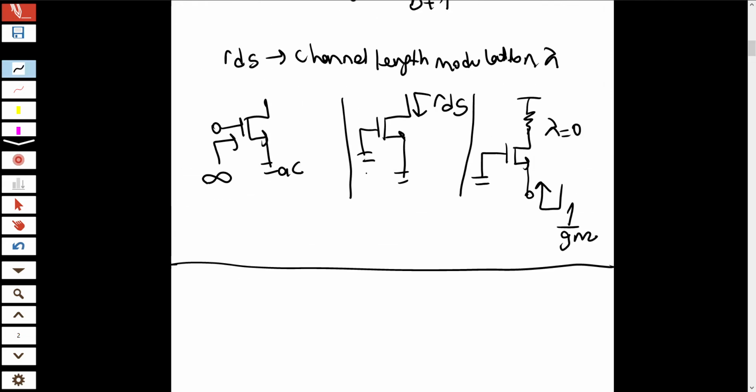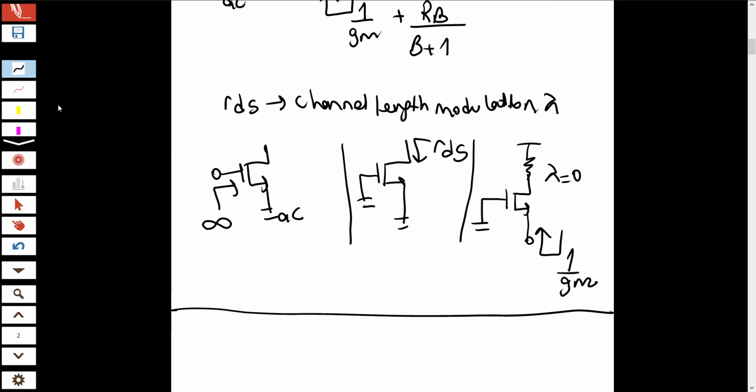For example, if this was BJT, what you see from above was r_o, or what you see above the emitter is 1 over gm. It's equivalent actually. But remember, what is the difference between MOSFET and BJT? In MOSFET, what you see from the gate is infinite. Okay, let's move on.